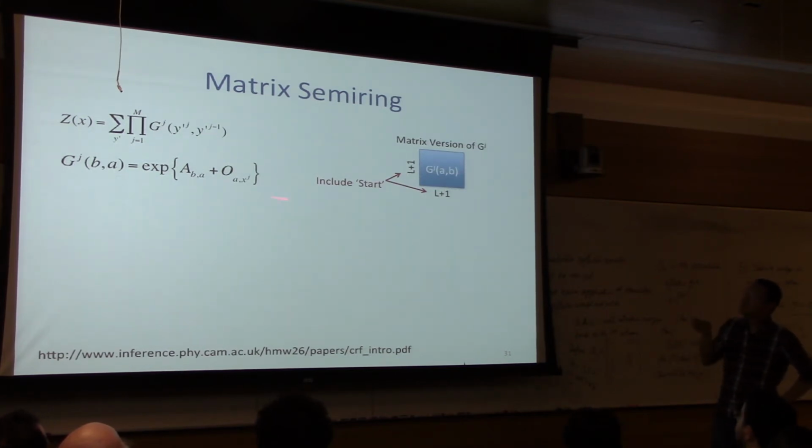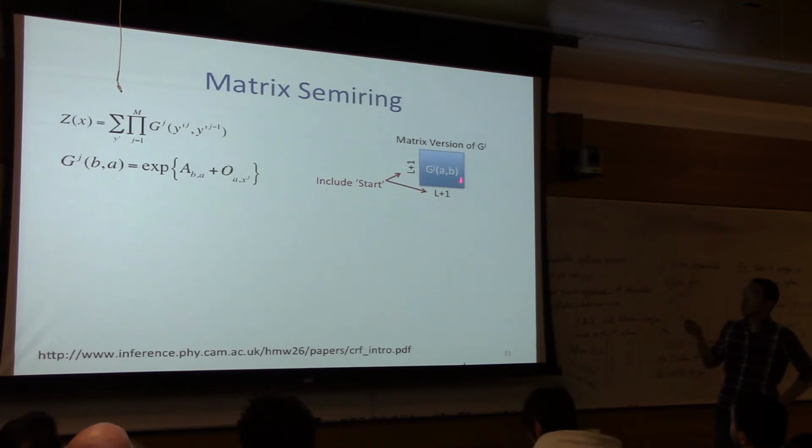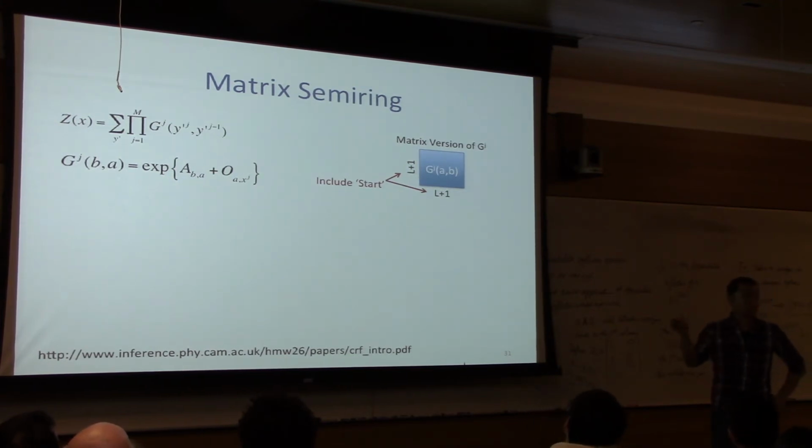Suppose we just have a length 2 sequence, where j is just 1, and we want to find all the probabilities that go from all possible A's to all possible B's. Then if we compute this matrix, we would just sum over all the entries of this matrix, and we would have the Z function.